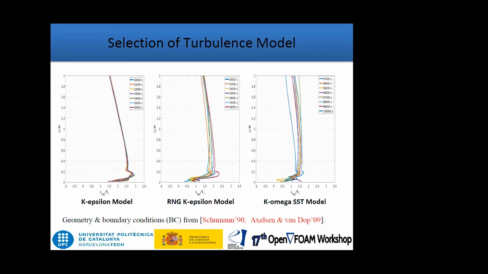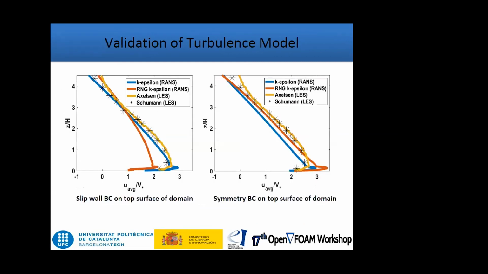I just want to check again whether the RNG K epsilon model will work efficiently when compared with the K epsilon model. So I considered two simulations with different boundary conditions on the top surface of the domain: a slip wall boundary condition and a symmetry boundary condition.